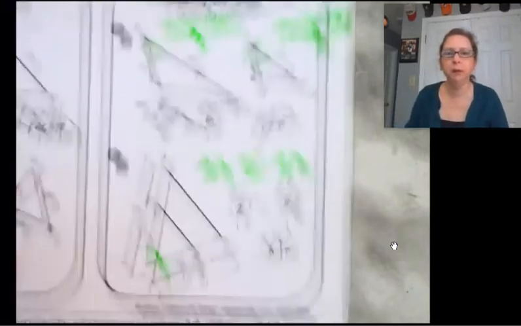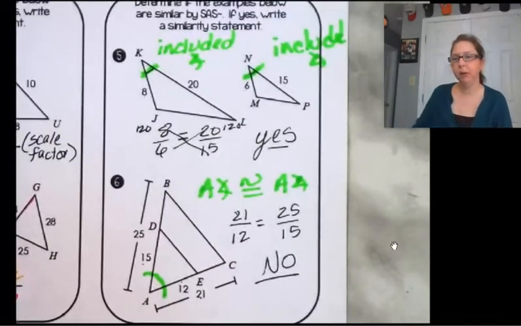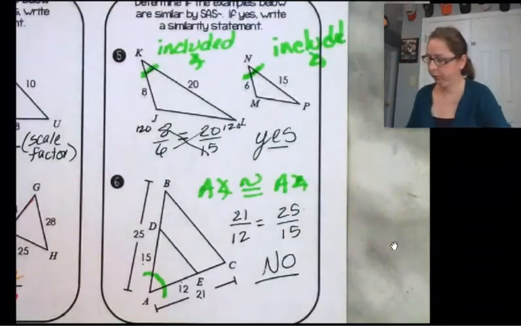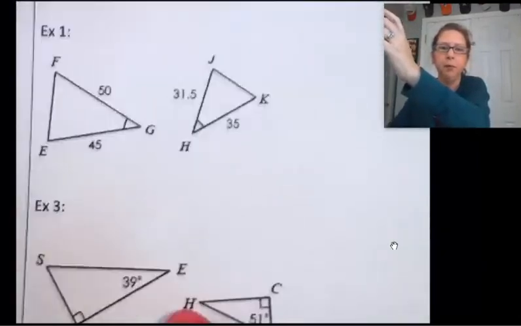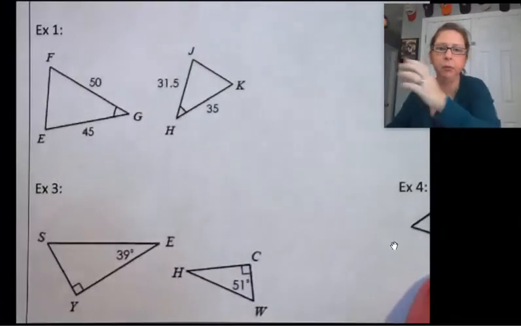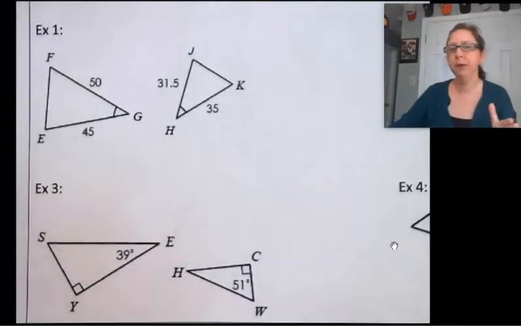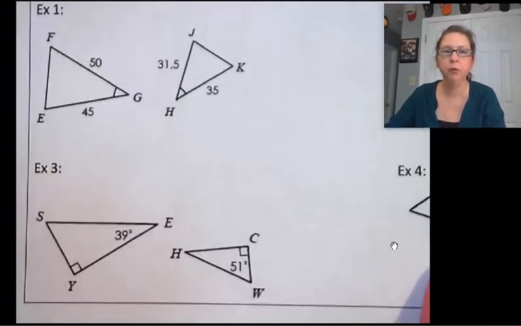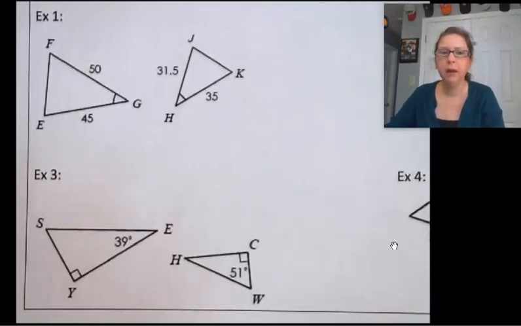So we saw some examples of yeses and some examples of nos. Here's what I want you to do. There are 4 more examples at the bottom of your paper, and I want you to briefly take a minute. So I'm just going to show, I guess, examples 1 and 3 first. And I want you to not only determine if they're similar or not, but identify how, okay?